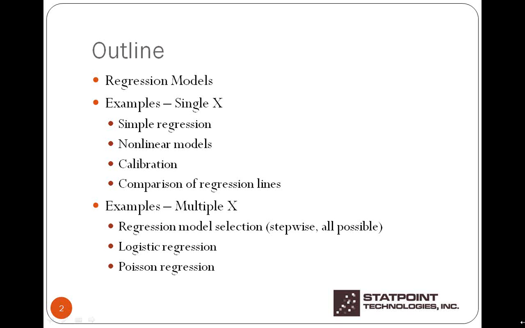I've picked out several examples having to do with regression models involving a single X, that's a single predictor variable, and several examples involving multiple X's.